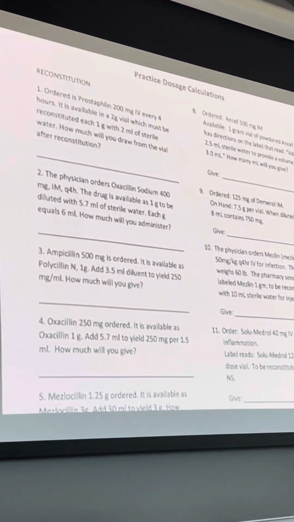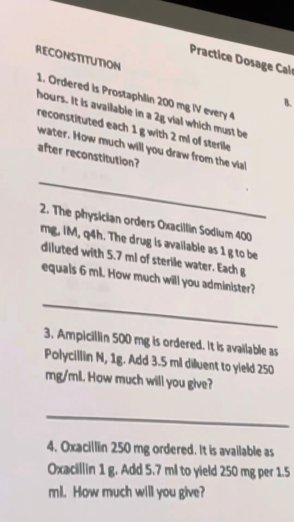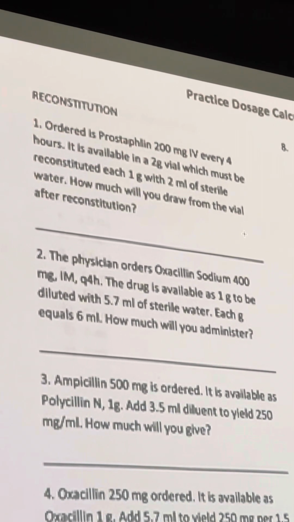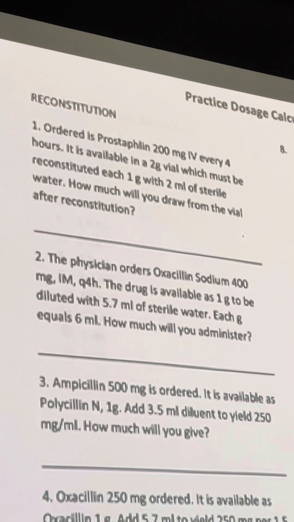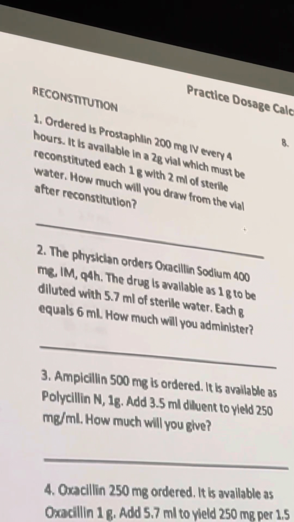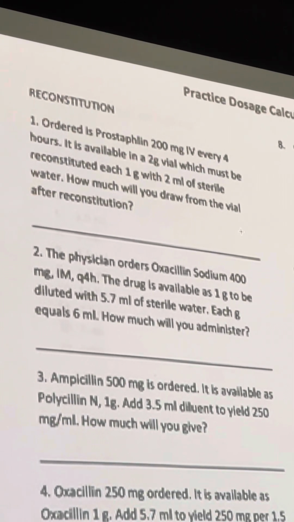All right, so look at question number 1. We have the order, 200 milligrams IV every 4 hours. Then the reconstitution part. It is available in a 2-gram vial, which must be reconstituted with 1 gram, each 1 gram with 2 ml sterile water. How much will you draw from the vial after reconstitution?